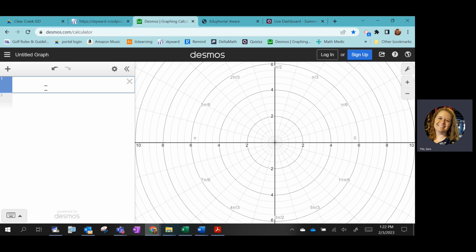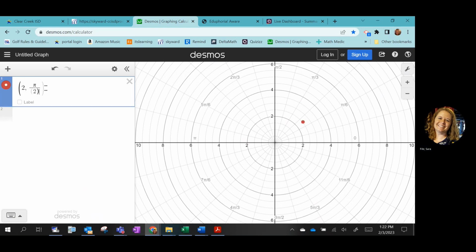If I try, because polar coordinates are in r, theta. So if I tried to plot a point at like 2, pi halves, notice it puts it right here in quadrant 1. It's plotting it as a rectangular point. It's going over 2, up pi halves, which is half of 3.14, right?